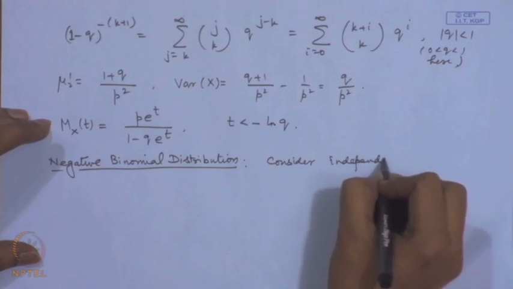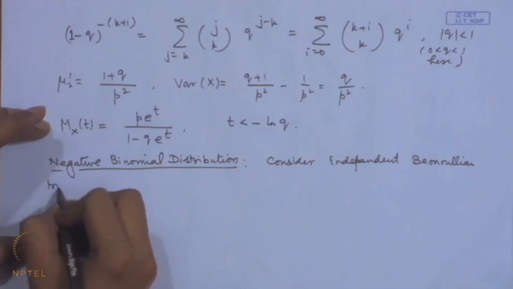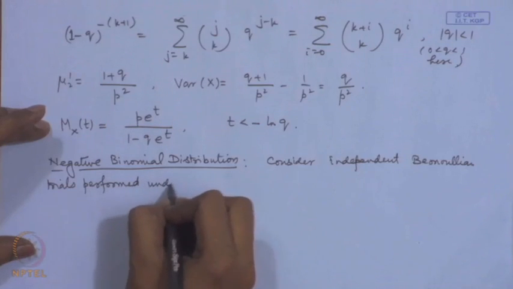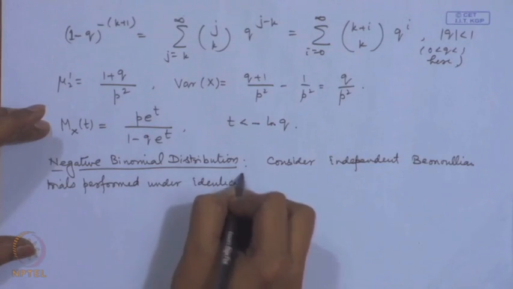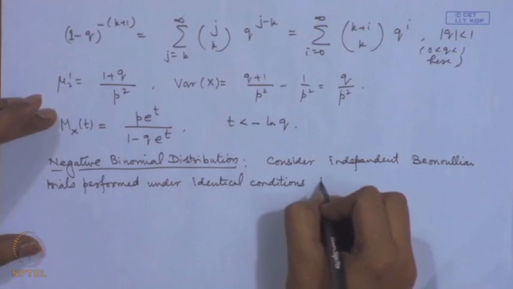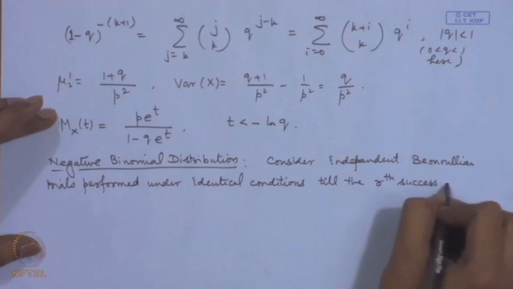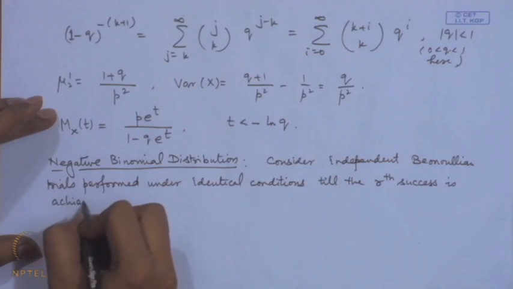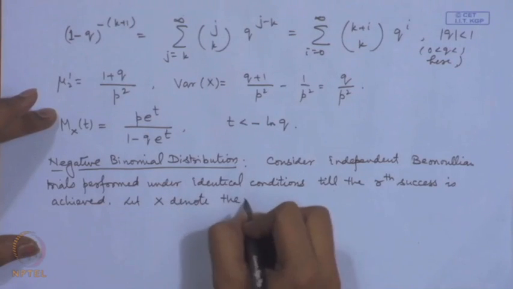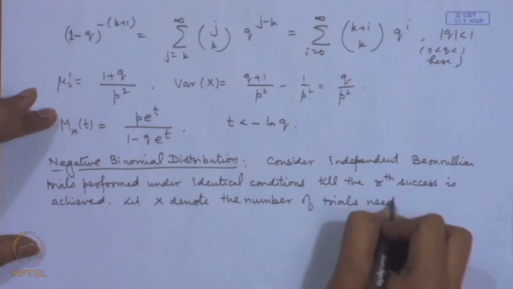Consider independent Bernoullian trials performed under identical conditions till the rth success is achieved. So, let X denote the number of trials needed for this.